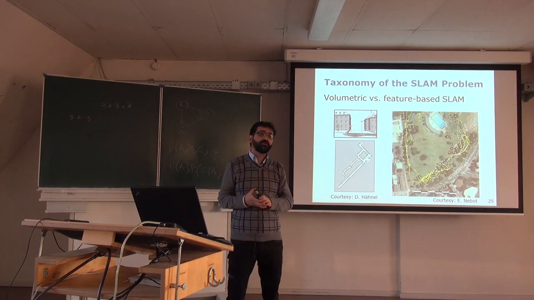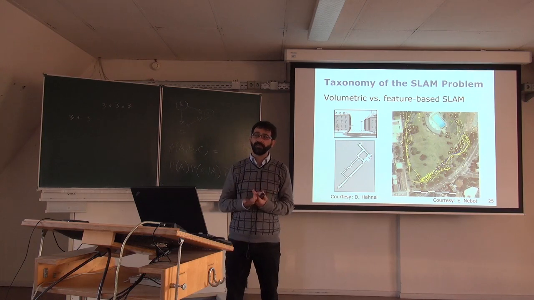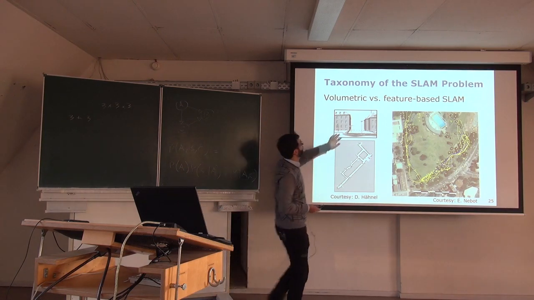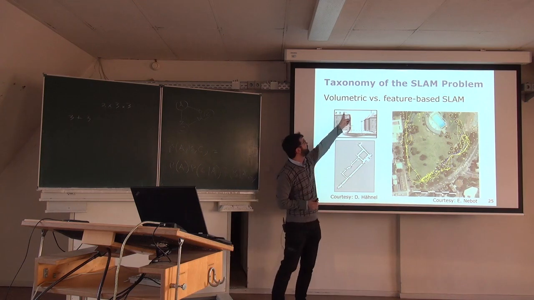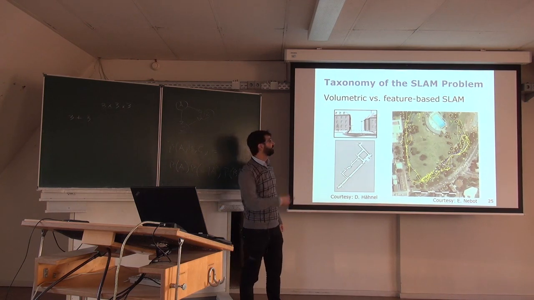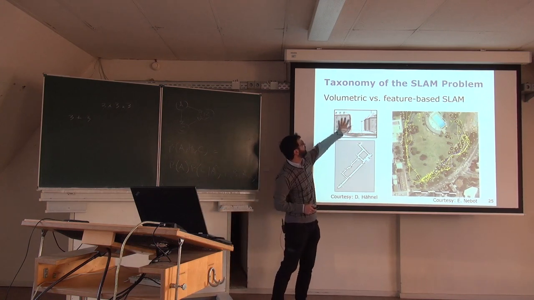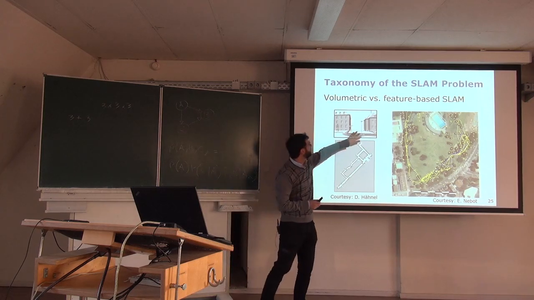Volumetric approaches try to get an idea of the empty space as well as of the occupied space around the robot. So you can see here a 3-dimensional volumetric approach. By the way, we are sitting up here. That's the building from that side, the 2 buildings. And you can see here there is a clear idea of the surfaces of the buildings. They are flat. There is a clear idea of the empty space.